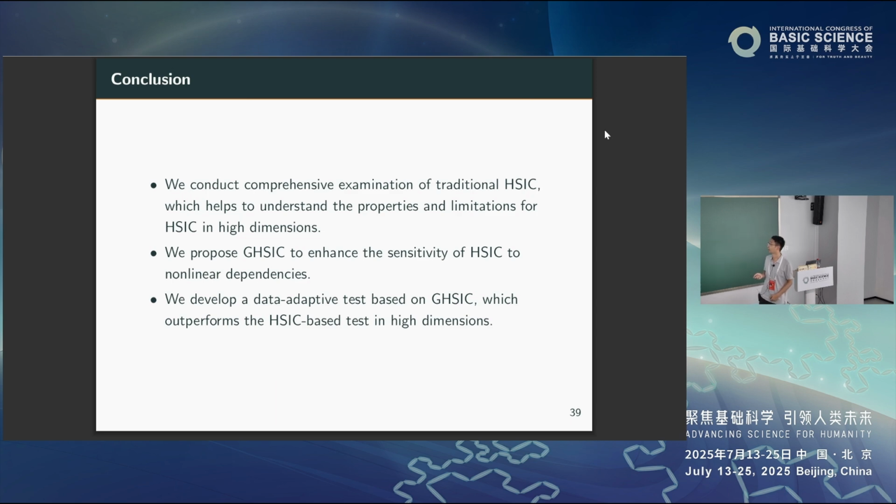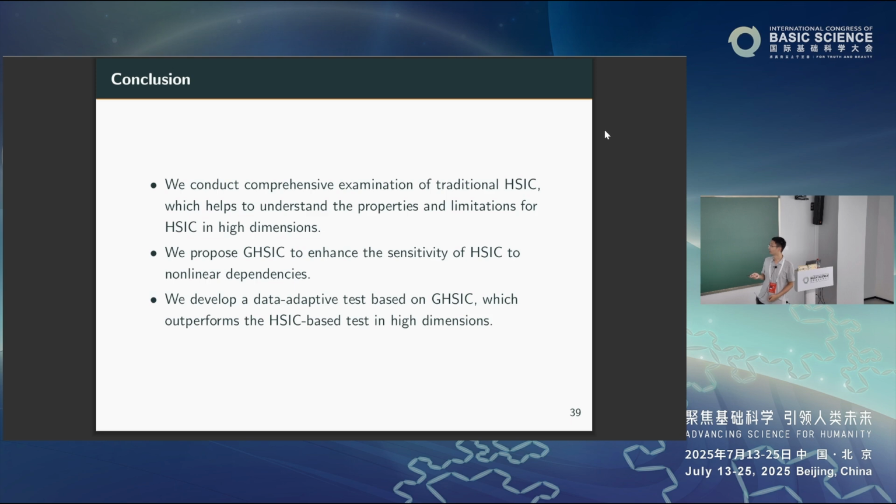And secondly, we propose the generalized HSIC to enhance the sensitivity of traditional HSIC to nonlinear dependencies. The general idea is that we can shift the peak location to vary the dependence from linear dependence to certain kinds of nonlinear dependence.